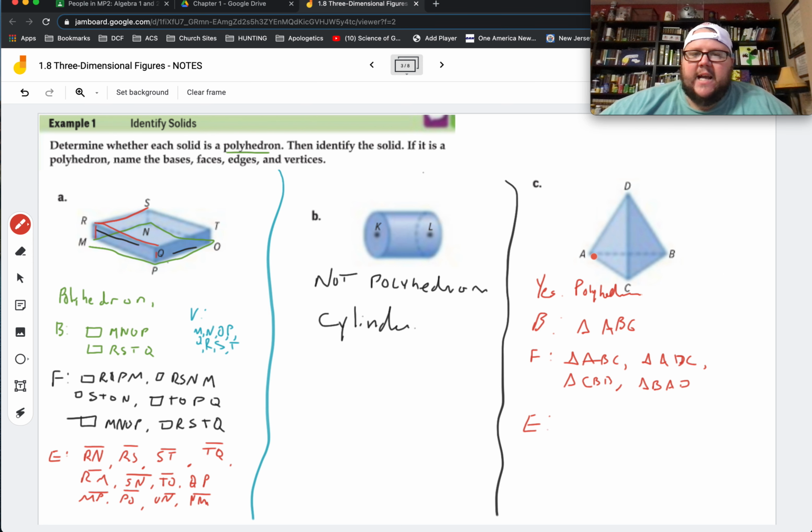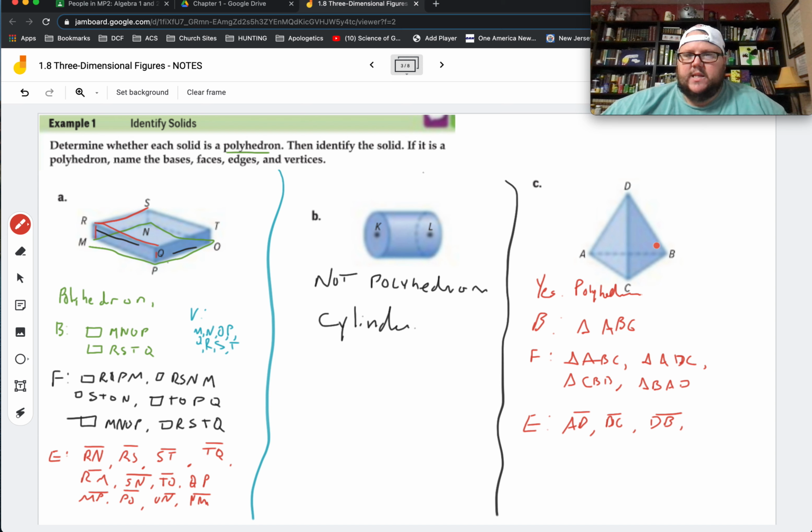Next thing we're going to do is our edges. And remember, our edges are lines. So we have AD. We have DC. We have DB. So those are the ones with D, right?